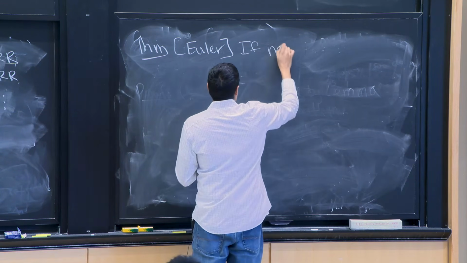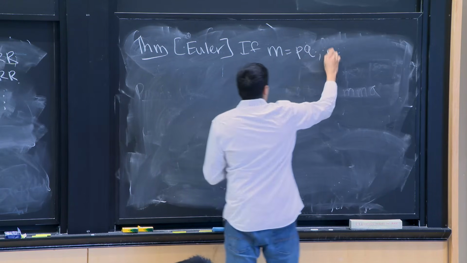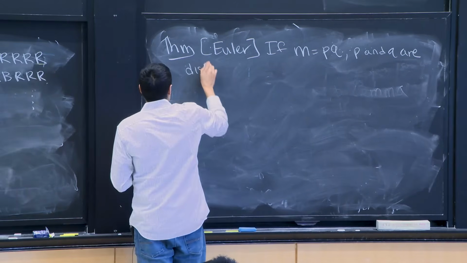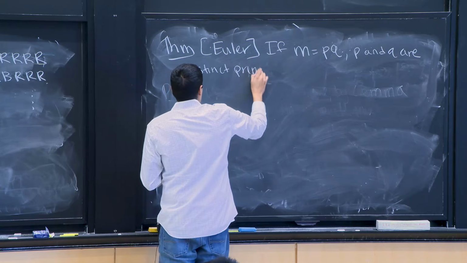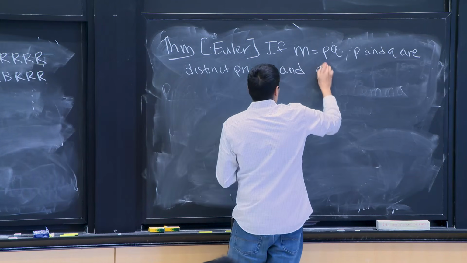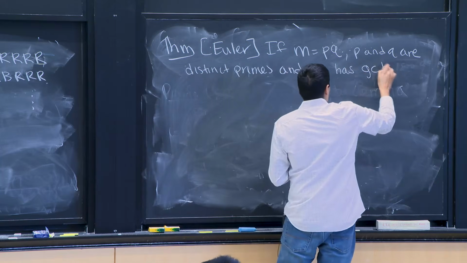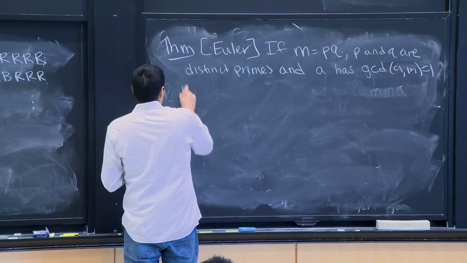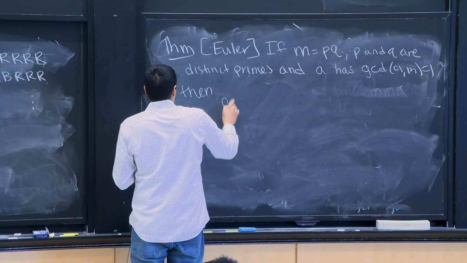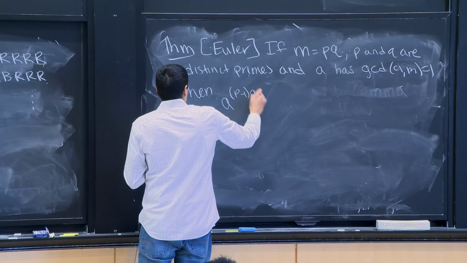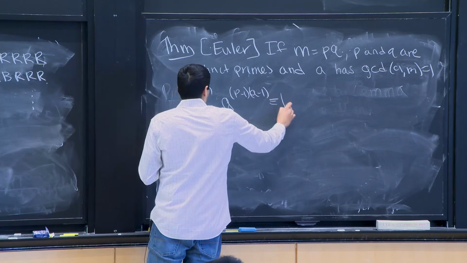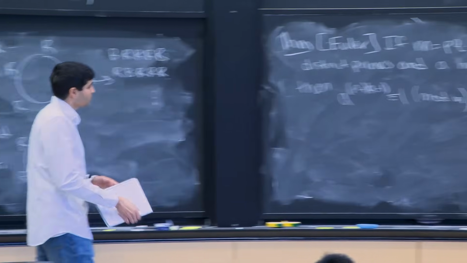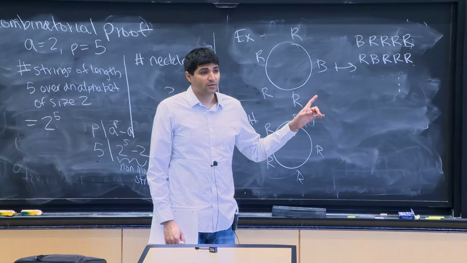So if M is equal to P times Q, where P and Q are distinct primes, and A has GCD between A and M equal to 1, then what I claim is that A to the (P minus 1) times (Q minus 1) is congruent to 1 mod M. So this takes a minute to digest, right?